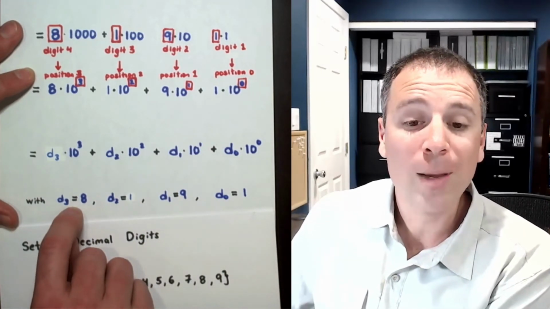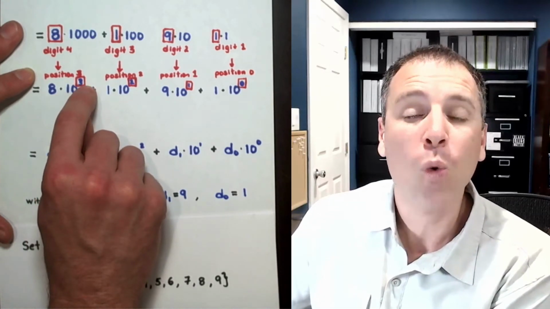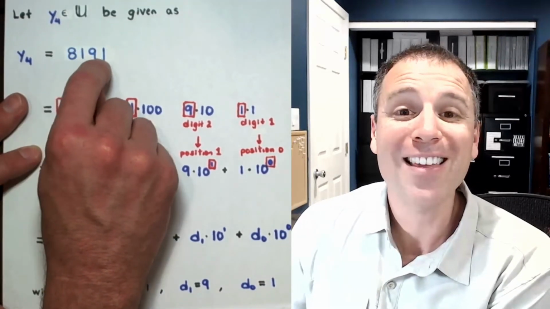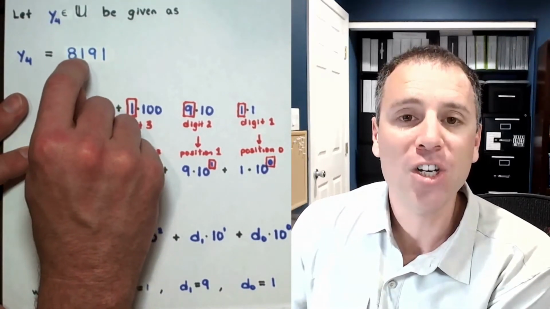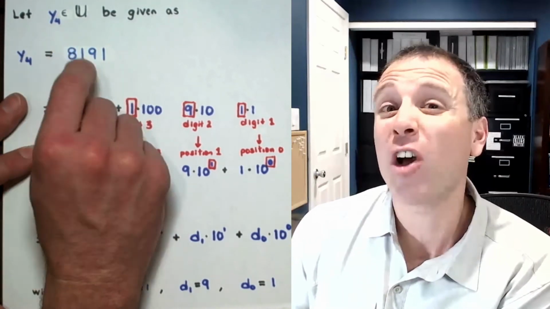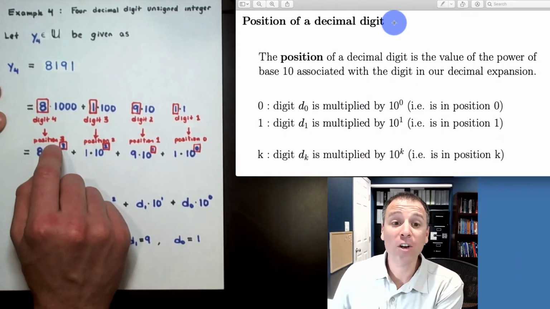The subscript on each of those decimal digits represents the power of 10 that that digit is associated with. When we're writing this representation, the position of each digit in that string of decimal digits tells us the corresponding power that we're going to map that digit to. Let's explore this a little bit deeper.